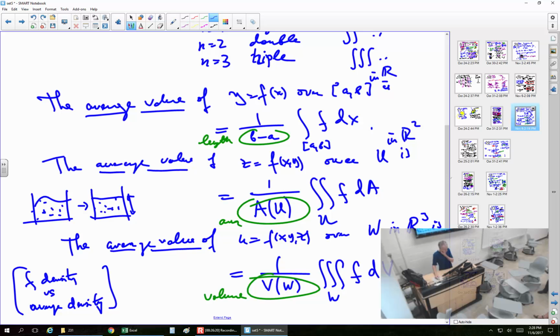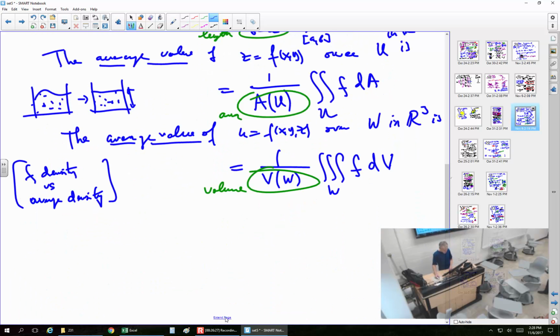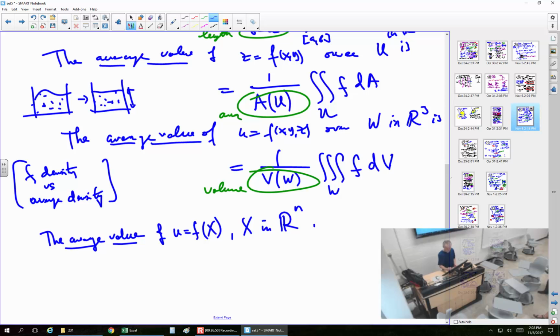And then if you have a function of 100 variables, how do you average it? U is equal to f of X, X in R n. What's the average over a region, once again, region W in Rn?